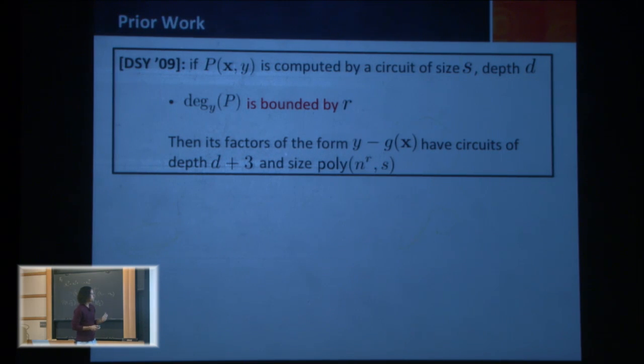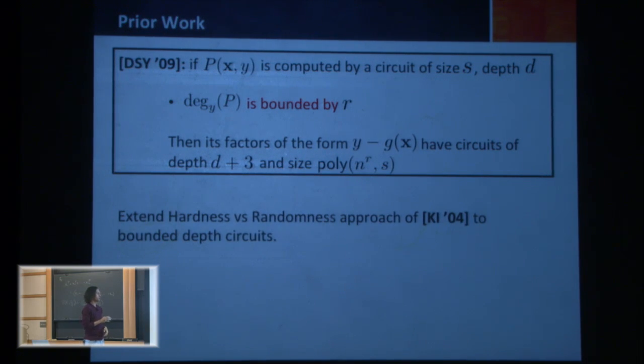Now, why were they interested in such factors, such roots of the polynomial P? It's because in their paper they wanted to extend the hardness versus randomness approach of Kabanets and Impagliazzo to bounded depth circuits. Because Kabanets and Impagliazzo use Kaltofen, you have to work with general circuits.